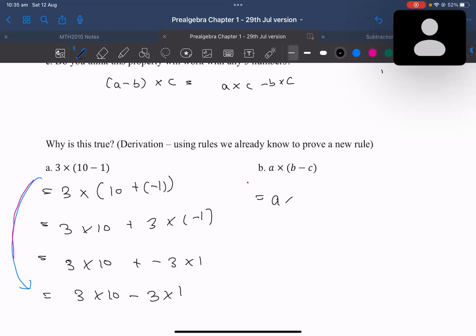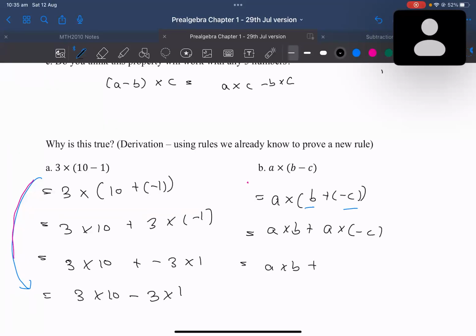So I'm going to convert this into addition, so then I can use the addition distributive property. A times B plus negative C. Then I can use the distributive property: A times B plus A times negative C. I'm just distributing these around.